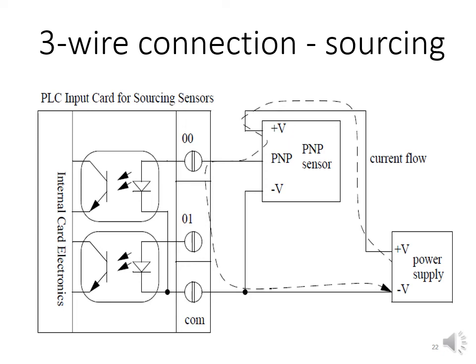From the collector of the output stage of the sensor, it goes into the PLC. Then it leaves the PLC through the common point back to the power supply. So in this case, the sensor will make the output stage of the sensor either allow or stop sourcing of current into the PLC input card.